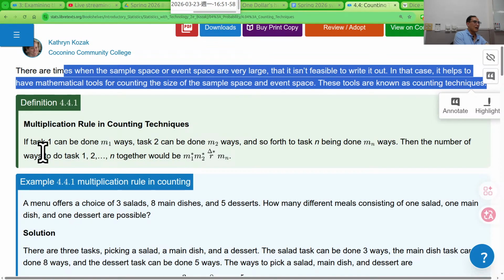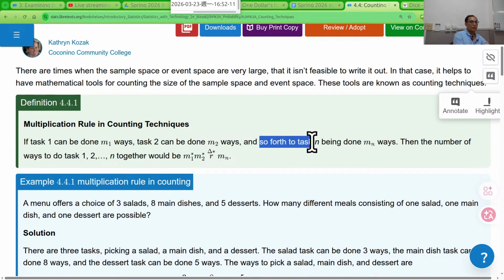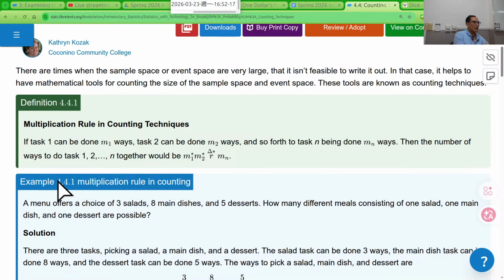Definition: multiplication rule in counting techniques. If task 1 can be done in M1 ways, task 2 can be done in M2 ways, and so on for task N being done in Mn ways, the number of ways to do tasks 1, 2, 3, 4, until N together will be M1 times M2 times until Mn.